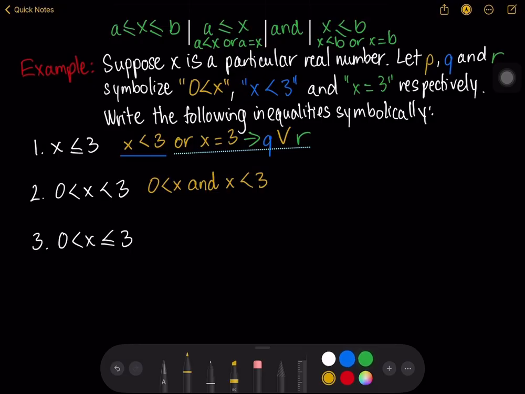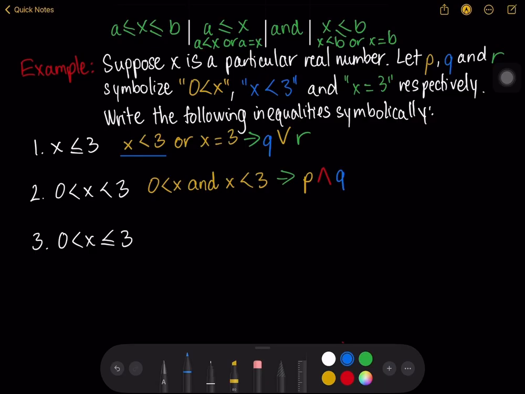We have 0 less than x is our p, right? So I'm going to write p here, and then I'm going to use red for and, x less than 3, which is our q. So p and q.